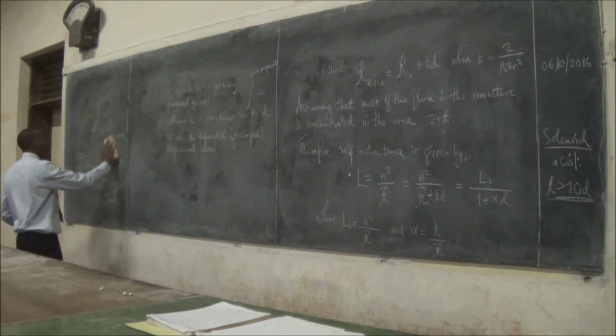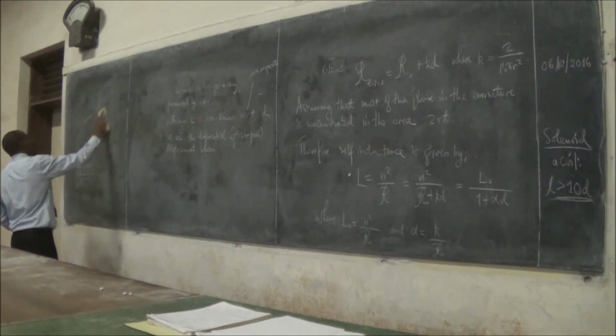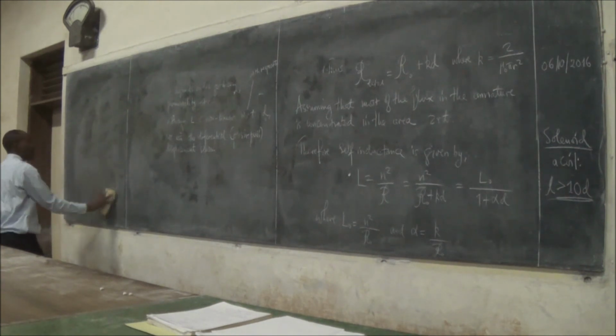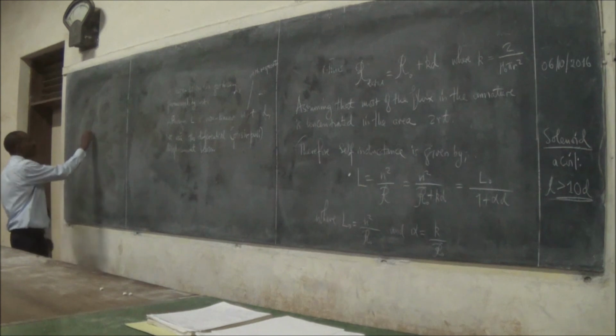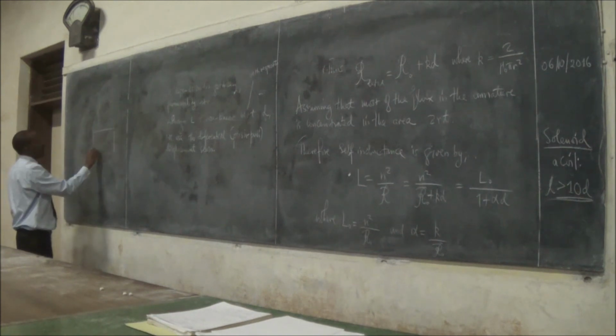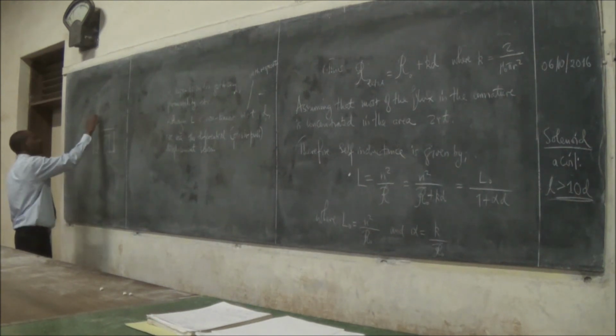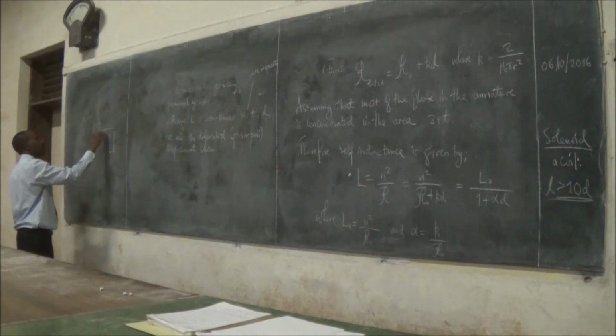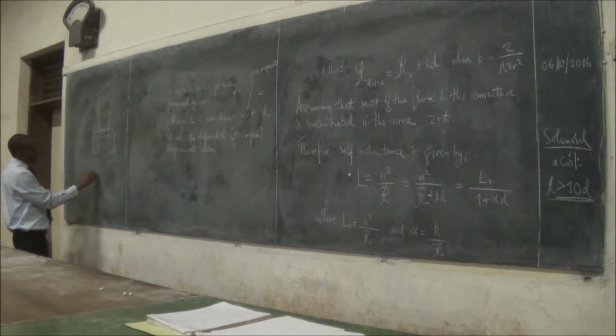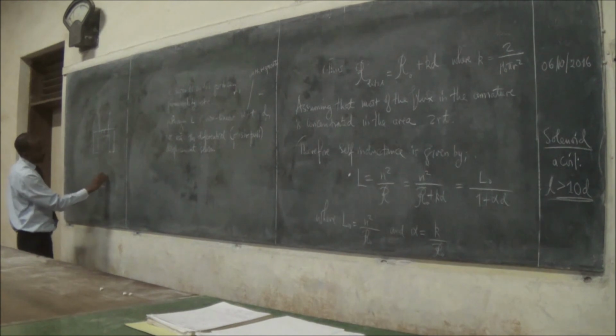I don't know why reluctance is in my head. We shall also have our two magnetic circuits, and then have the other magnetic circuit on the bottom here.